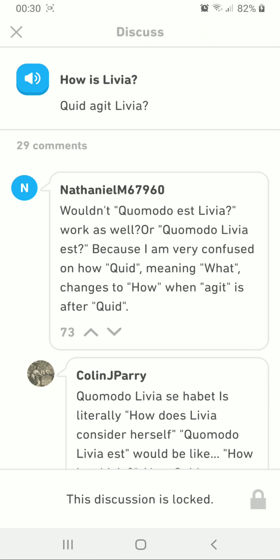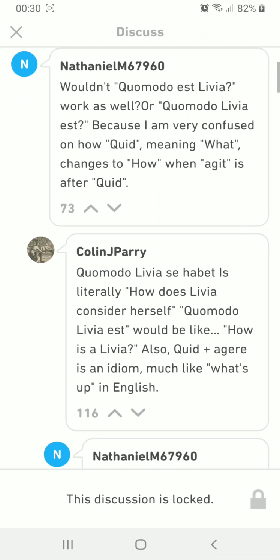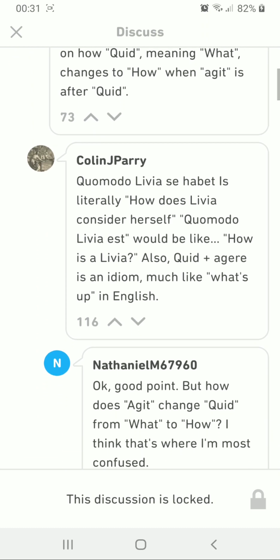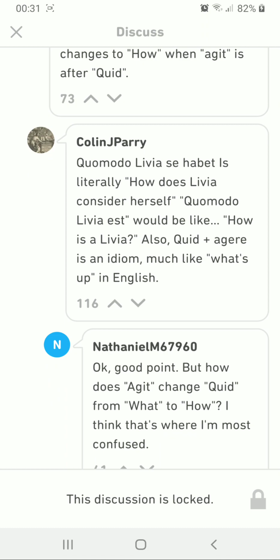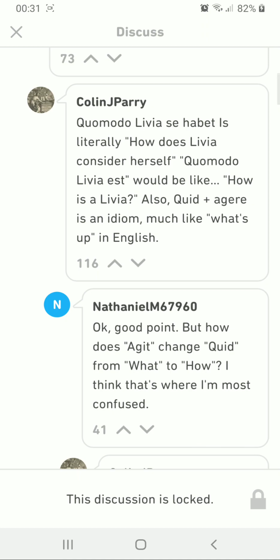So wouldn't quomodo est, no, this is completely bad. Quomodo Livia se habet is literally how does Livia consider herself. Quomodo Livia est would be how is Livia, which is not good. Also quid agere is an idiom, much like what's up.